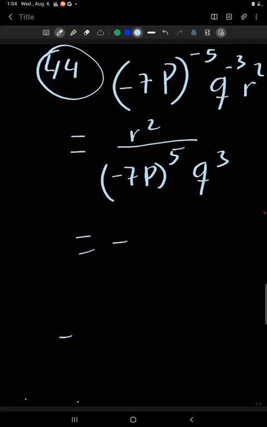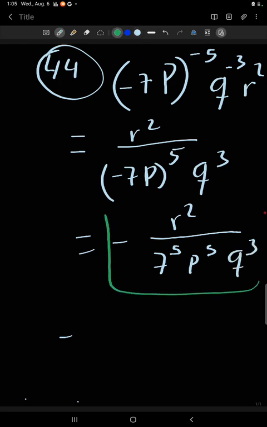So it's negative r squared over 7 to the 5th power, p to the 5th power, and then q cubed. That's the total answer for this particular problem 44.